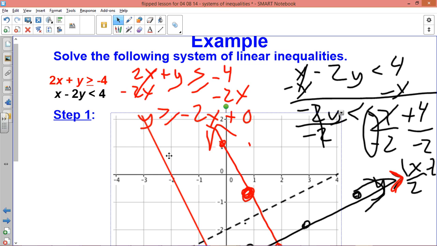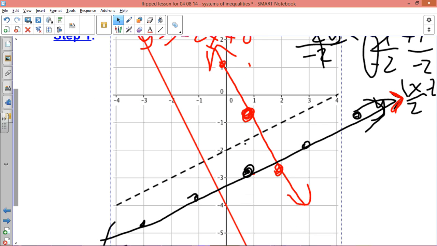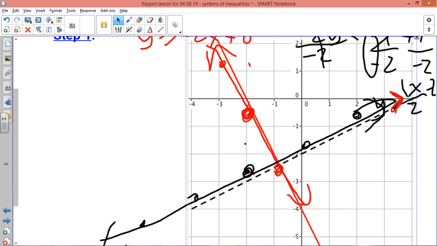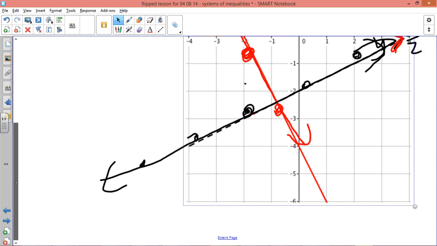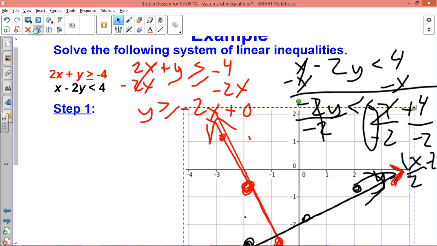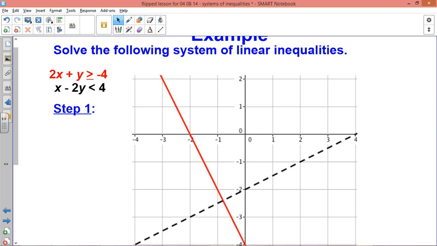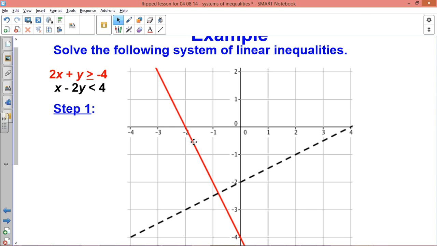The reason, sorry about that, was because I had the graph off just a little bit. Nevertheless, this is what we should get. I'll clear all of my ink right now. This is the way our line should look. So step 1 is done.